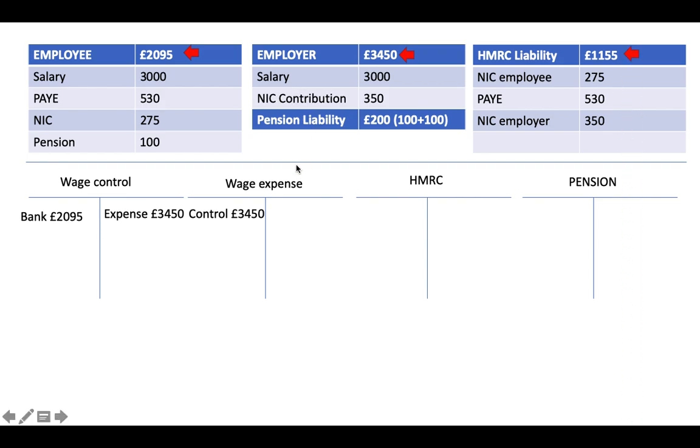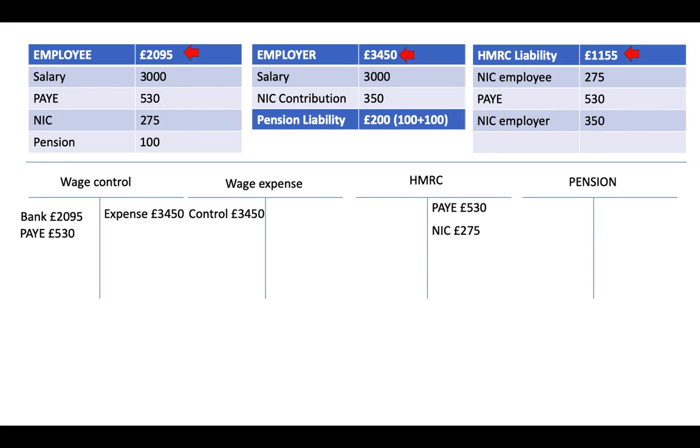Next, we're going to have a look at our HMRC liabilities. £530 of PAYE is going as a liability to the company into our HMRC account. The dual effect of that will be popping it into the debit side of our wage control account.